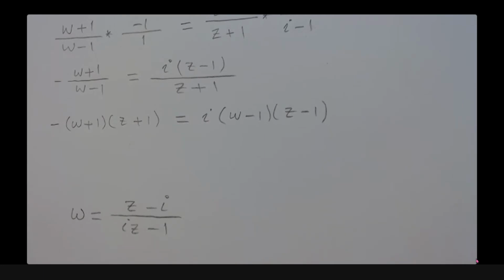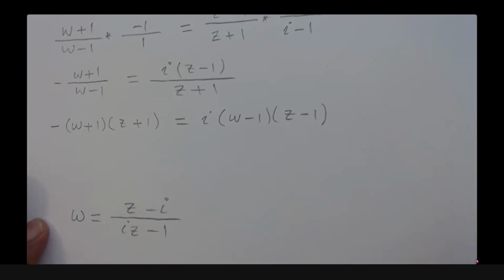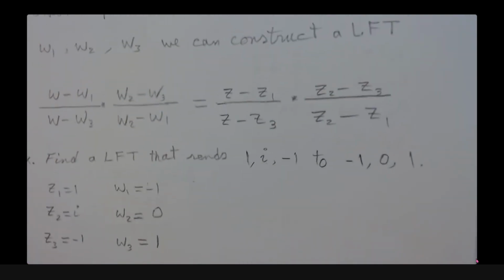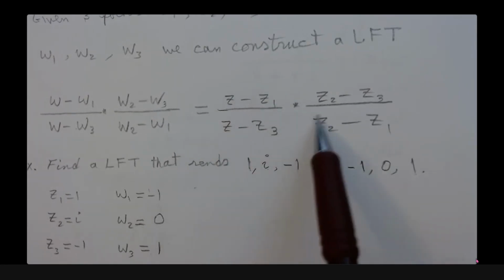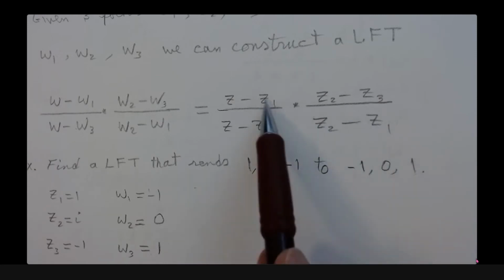I will talk about what happens if one of the inputs is infinity. For the time being, I just have 3 inputs and 3 outputs. Usually, if one of them is infinity, for example, if Z1 is infinity, you will get rid of this divided by this.